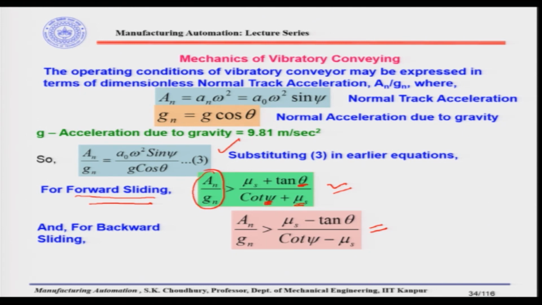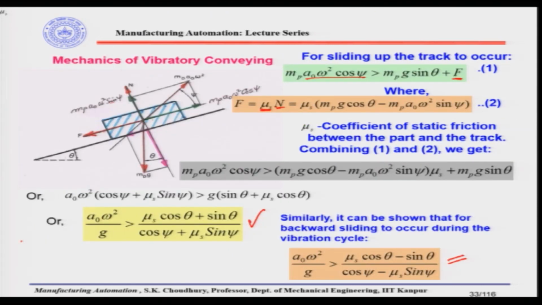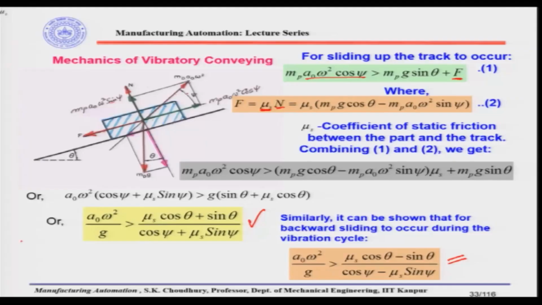If we go back to this, the vibration angle is one where this M P A0 omega square, because of the vibration total inertia force, will be making an angle psi with the parallel to the track, which we are calling the vibration angle. And the track inclination angle is theta, which the track is making with the horizontal.